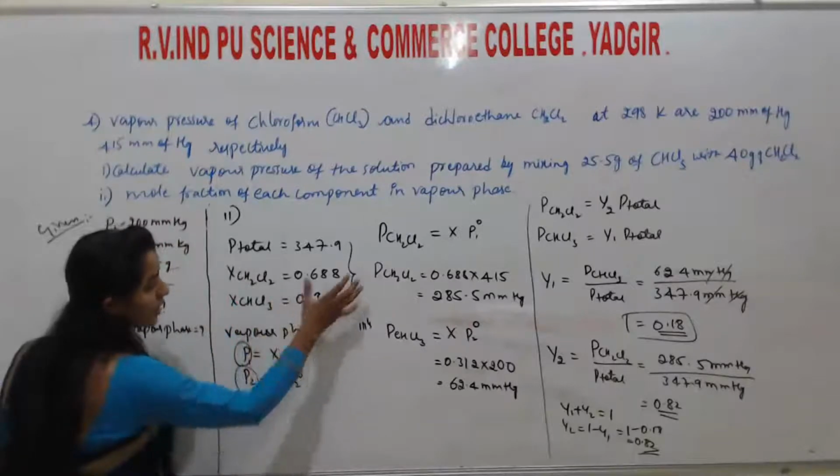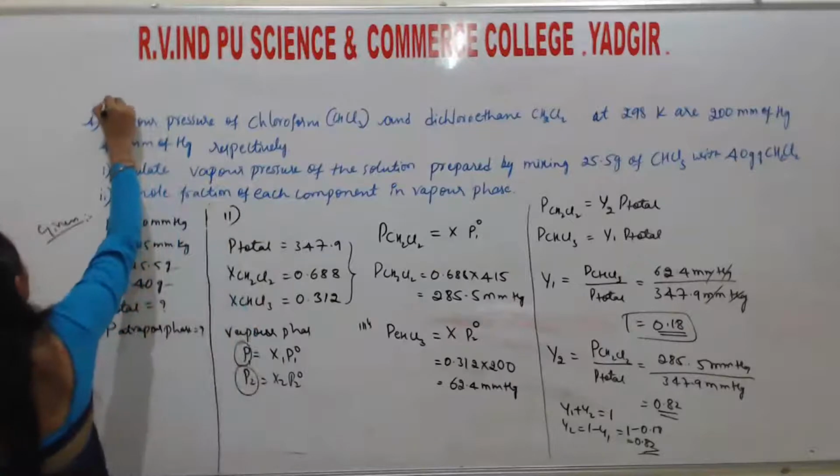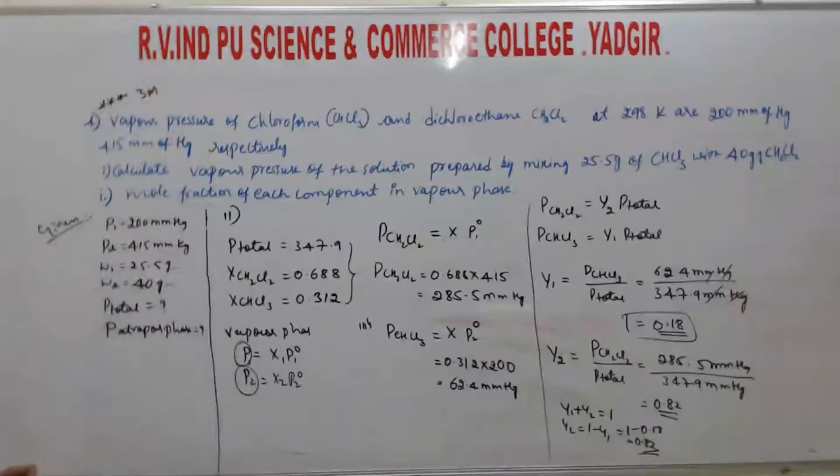By using those data we can calculate the second one, and this is very important for 3 marks. This is 1 and this is 2.